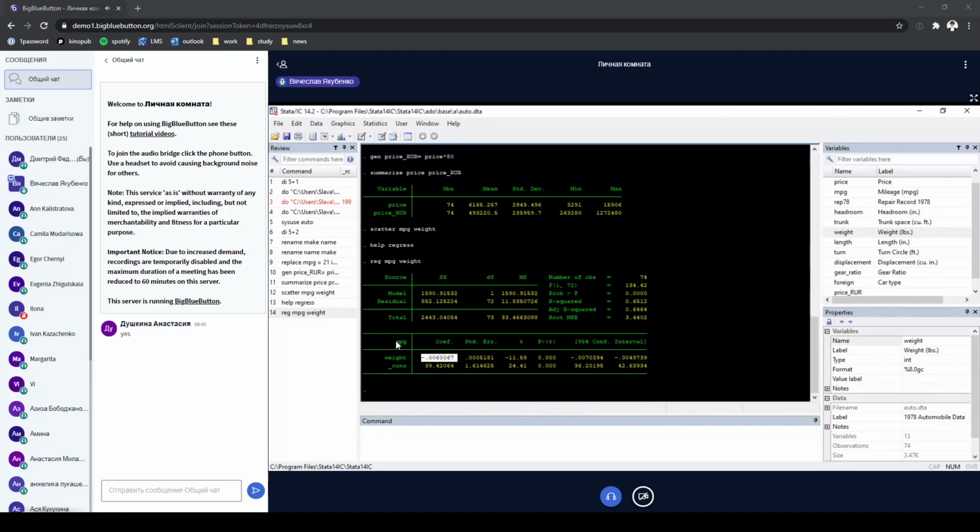And if we reject the null hypothesis, then we could say, all right, there is a relationship, and this is a relationship we cannot ignore. If we reject the nil or the null hypothesis, we take the alternative hypothesis.